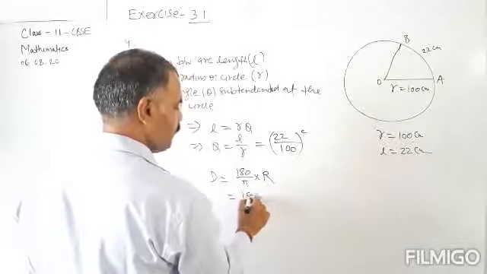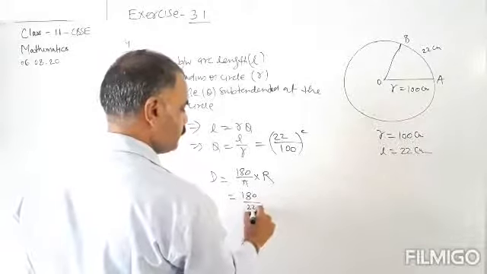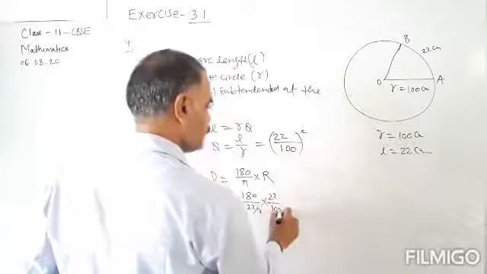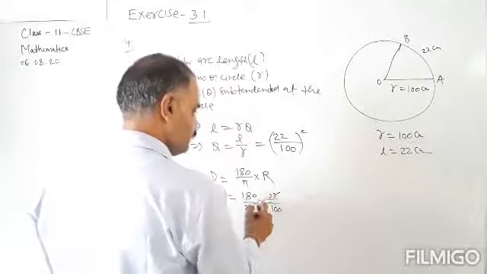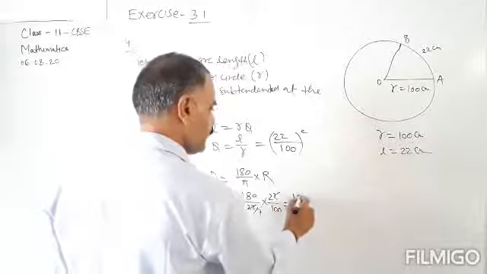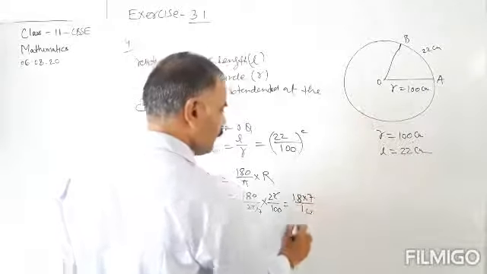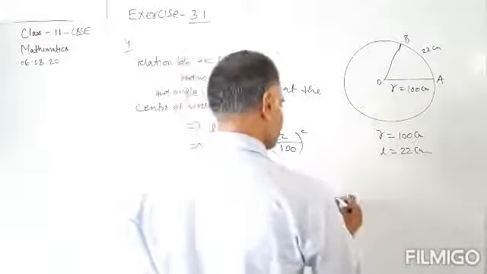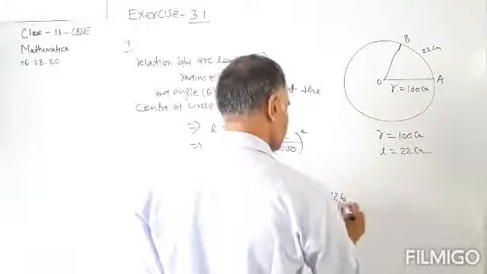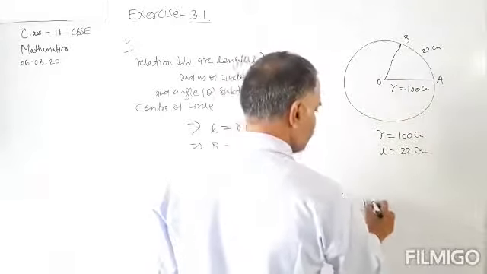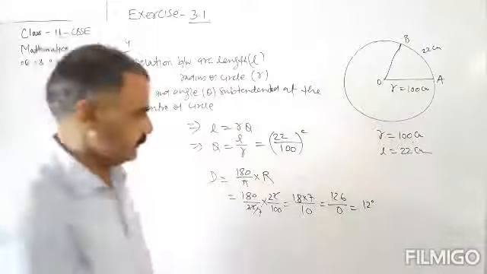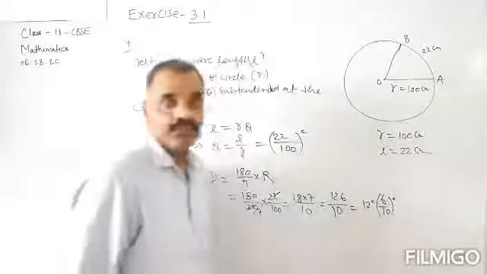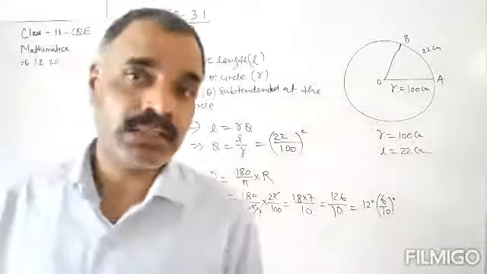So this equals 180 upon pi, with pi as 22 by 7, multiplied by 22 upon 100. 22 will cancel 22, so this equals 18 into 7 upon 10, which is 126 upon 10, so 12 degrees. 12 degrees is the complete part, and 6 by 10 is the fractional part of the degree.